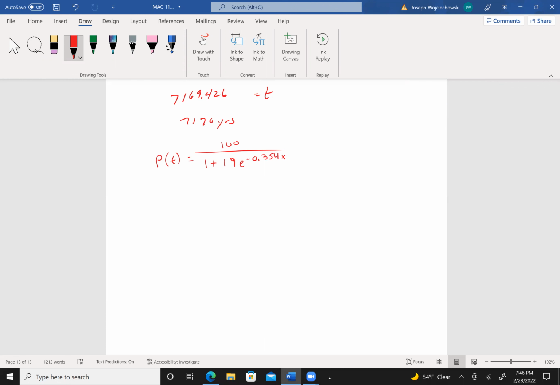Determine the initial score, where x is the number of times taken. So the initial score would be the first time it's taken. Or actually it would be 0. X would be 0.